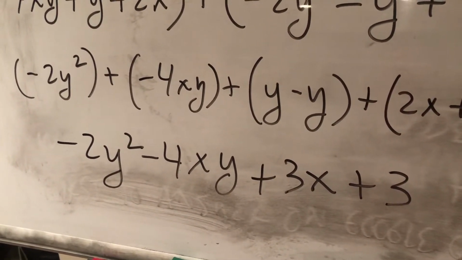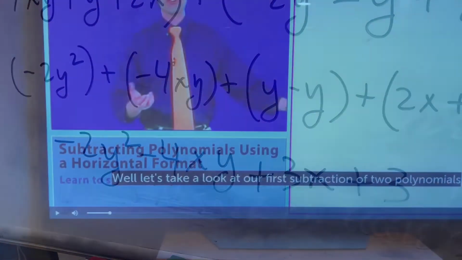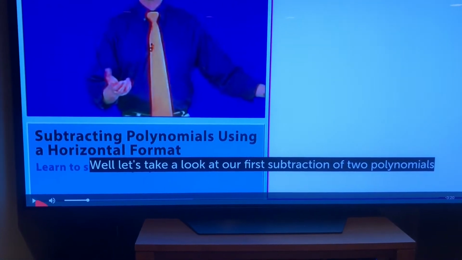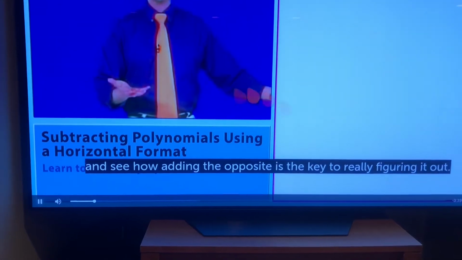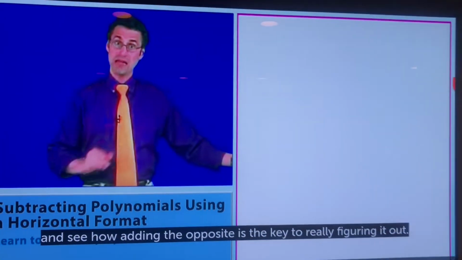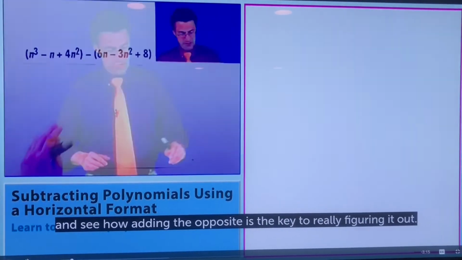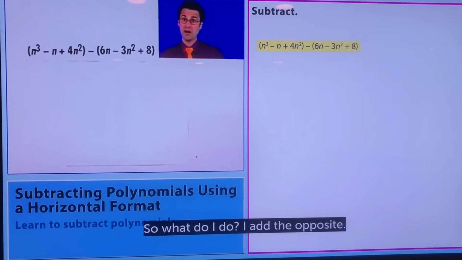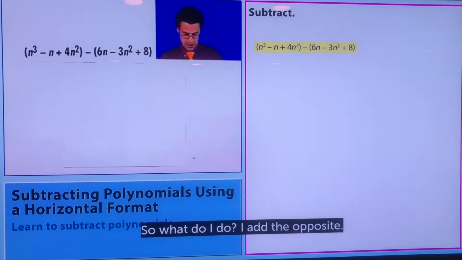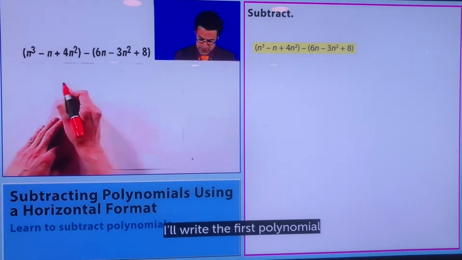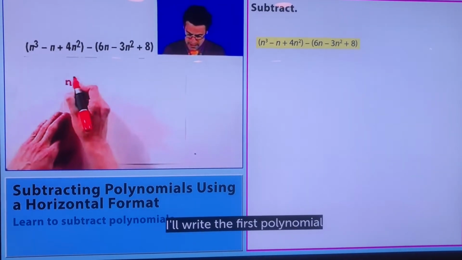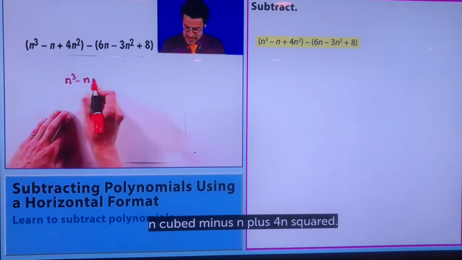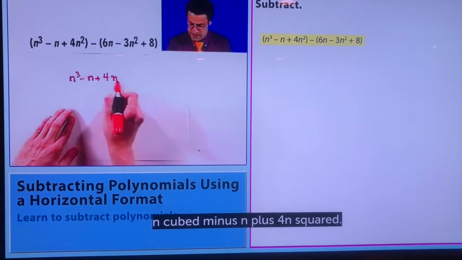Now I'm going to give you one to do. So get your pencils and paper ready for action. And see how adding the opposite is the key to really figuring it out. So I want to take this polynomial and I want to subtract this polynomial. So what do I do? I add the opposite. So here's what I write. I write the first polynomial, n cubed minus n plus 4n squared.